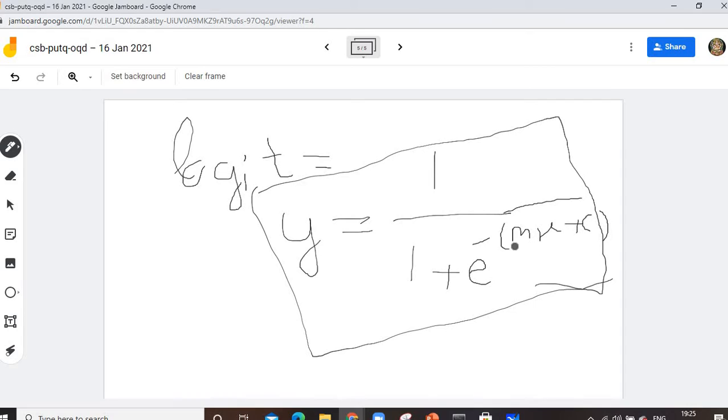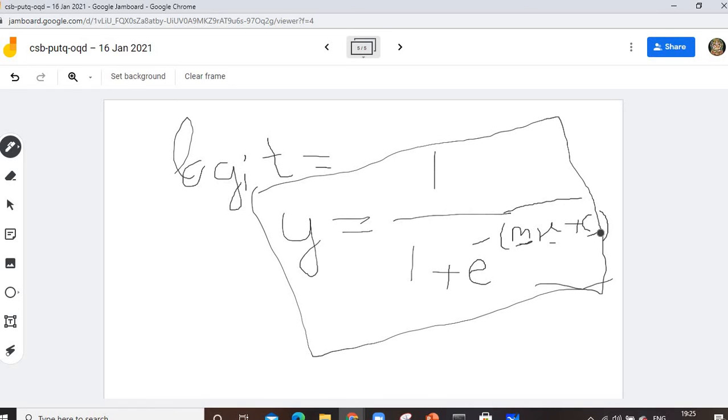So y equals 1 divided by 1 plus e to the power minus (mx plus c), where m is the slope, x is my data points, c is the intercept, and e is the exponential number. Do you understand? This is the mathematical equation, you need to remember it.